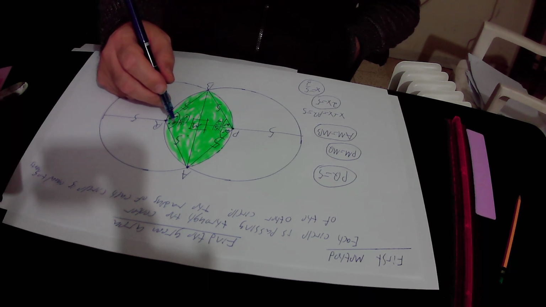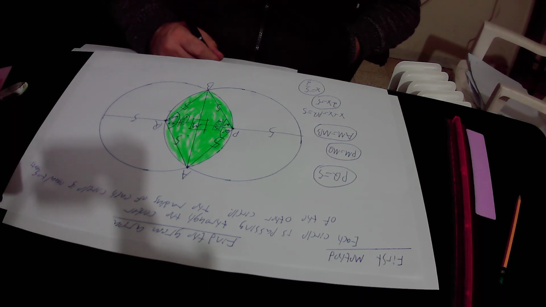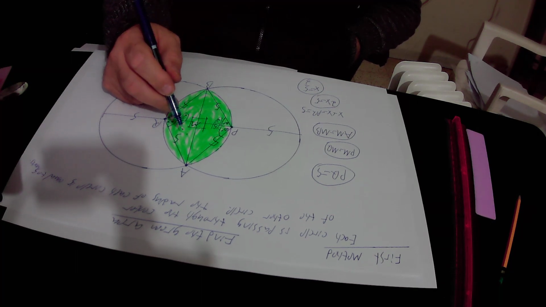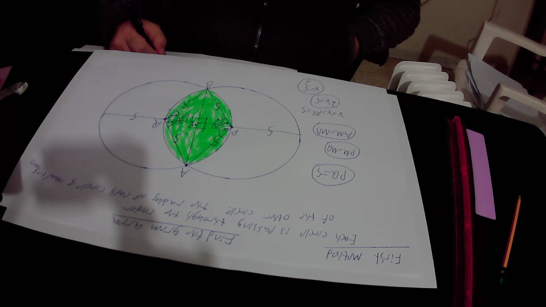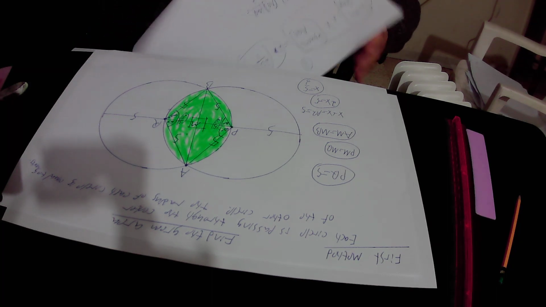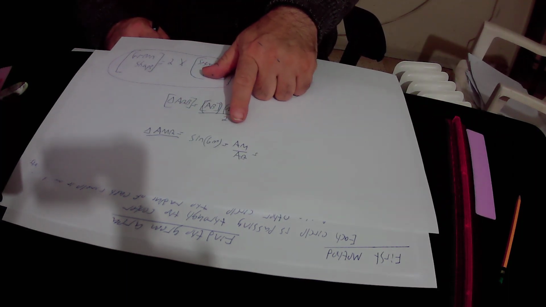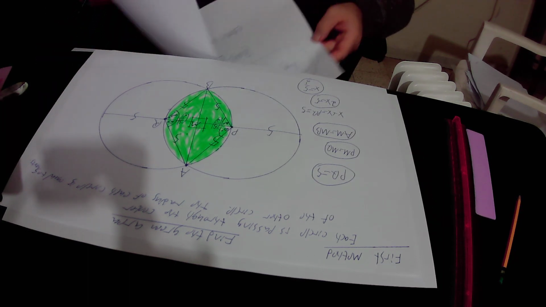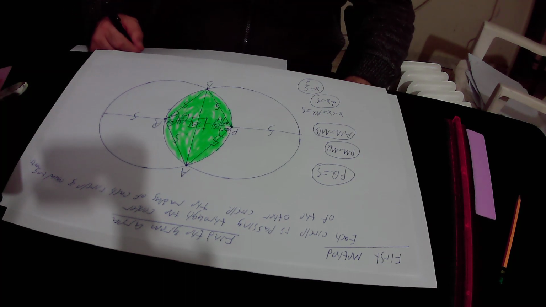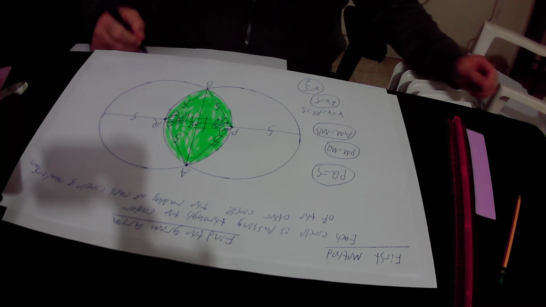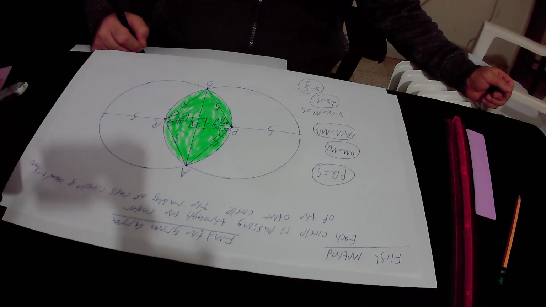sine 60 degrees equals AM over AQ in the right triangle AMQ. AM is the missing variable, so we leave it as it is, over AQ, which equals 5.